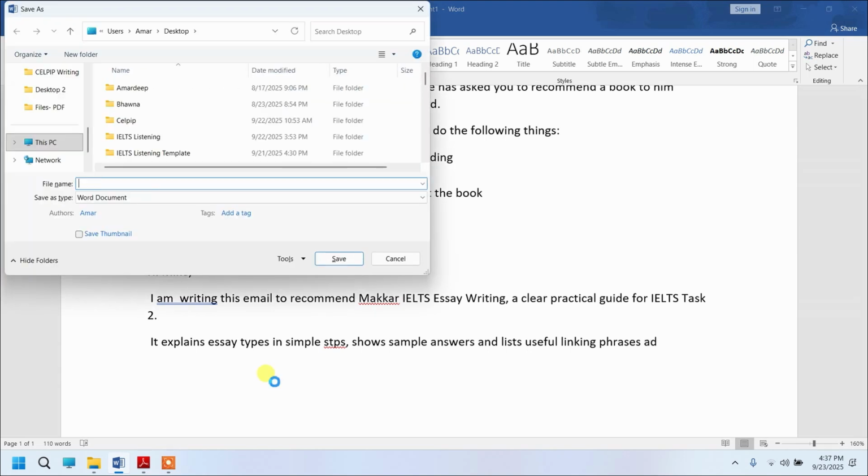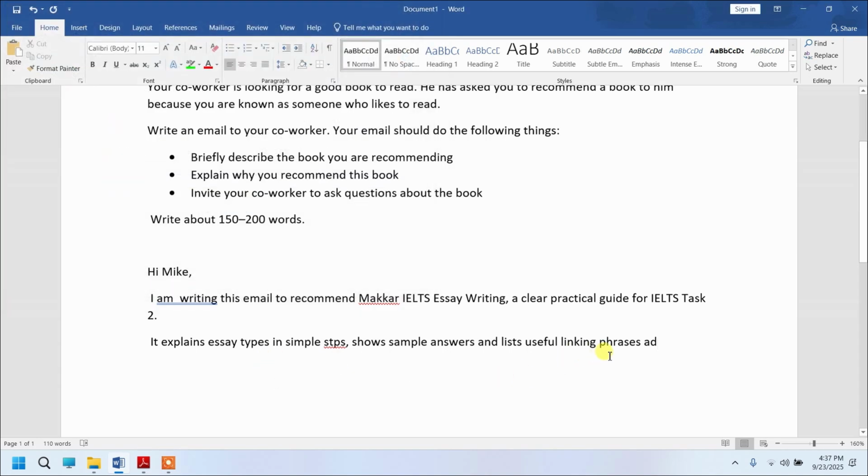So in almost all the books you will have this thing, they will mention common errors, common writing errors.